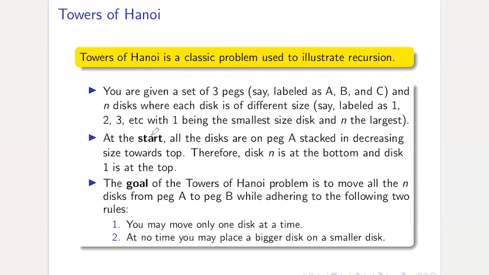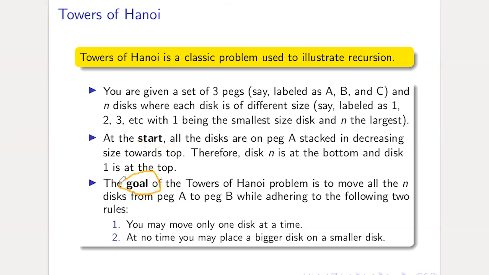Three pieces of information: a system with 3 pegs, a set of disks of varying sizes 1 to n, smallest being 1, largest being n, and the initial condition where all the disks have been put into peg A, which is the first peg. So that is our start, and we have a goal given.